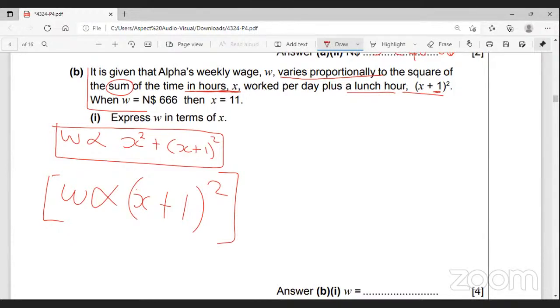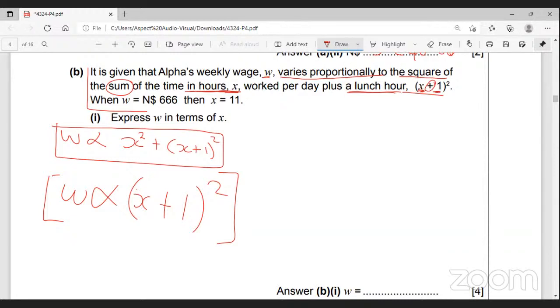Read the question. W varies proportionally to the square of the sum of the time in hours plus the lunch hour per day. So that sum we've already added in this bracket. Can you see that? The sum we're adding. Yes, I think it's correct. I believe it's correct.